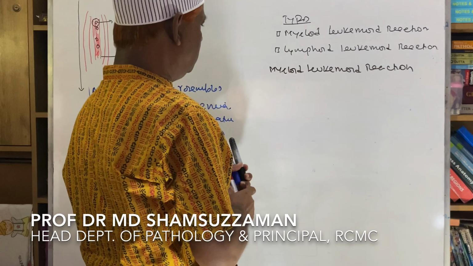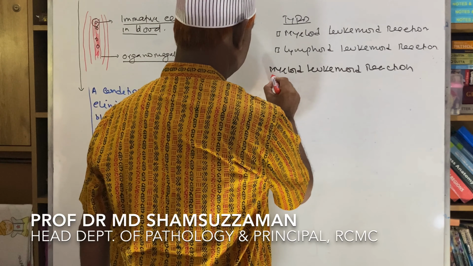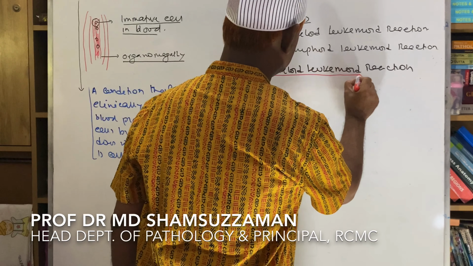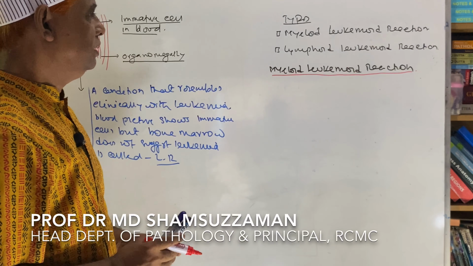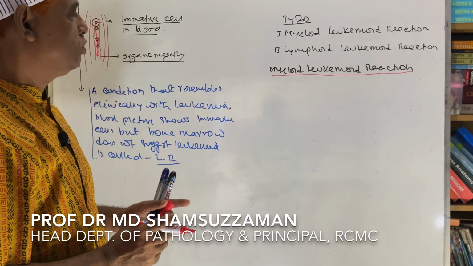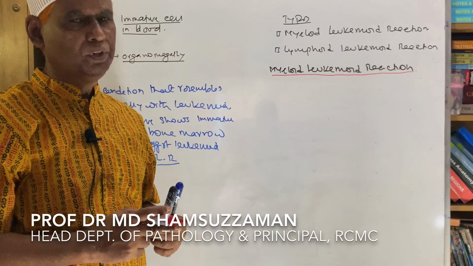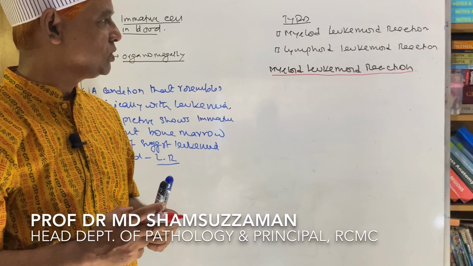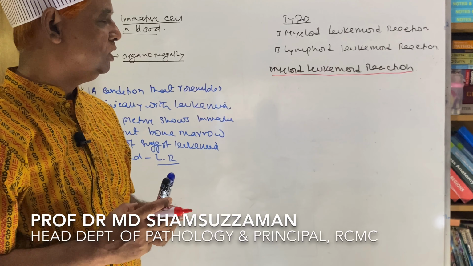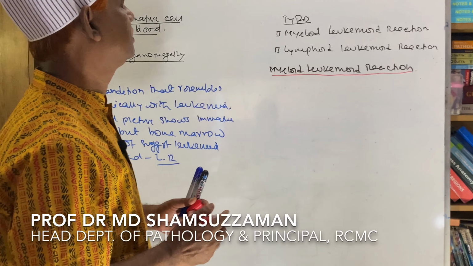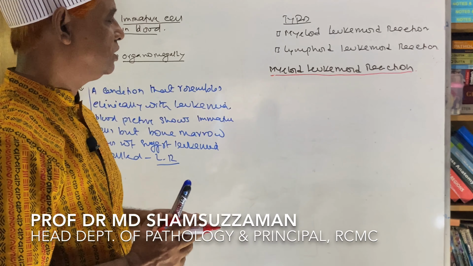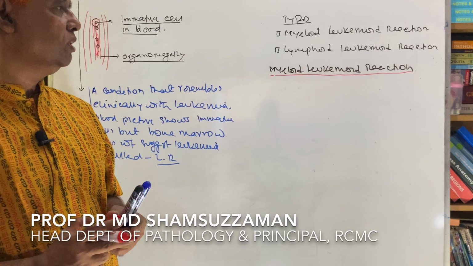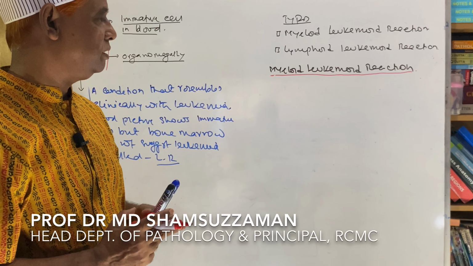What is myeloid Leukemoid reaction? The Leukemoid reaction that resembles myeloid leukemia is called myeloid Leukemoid reaction.